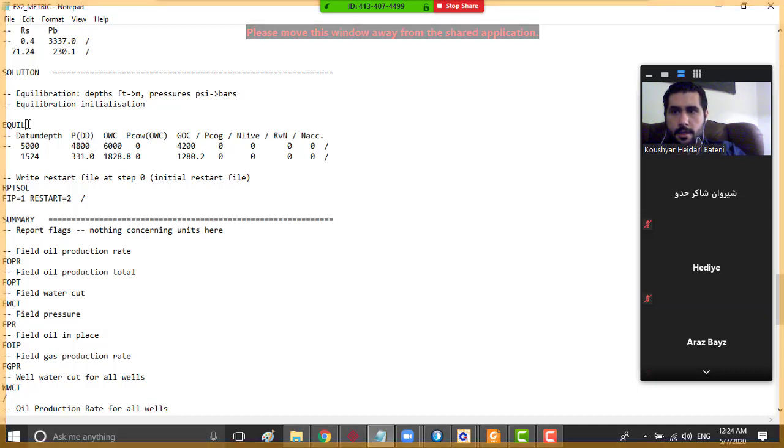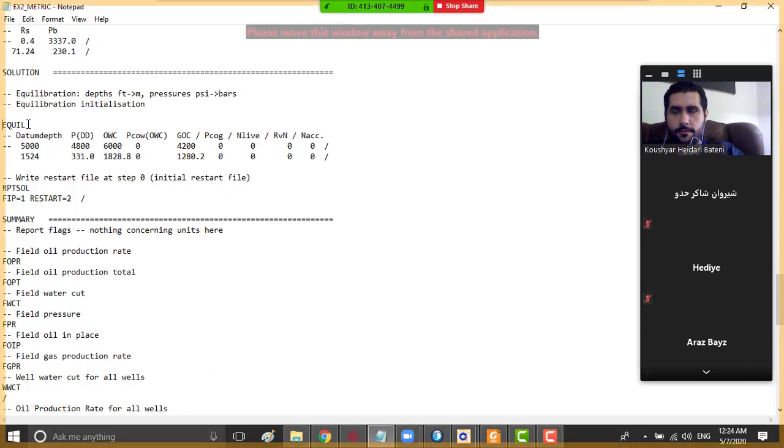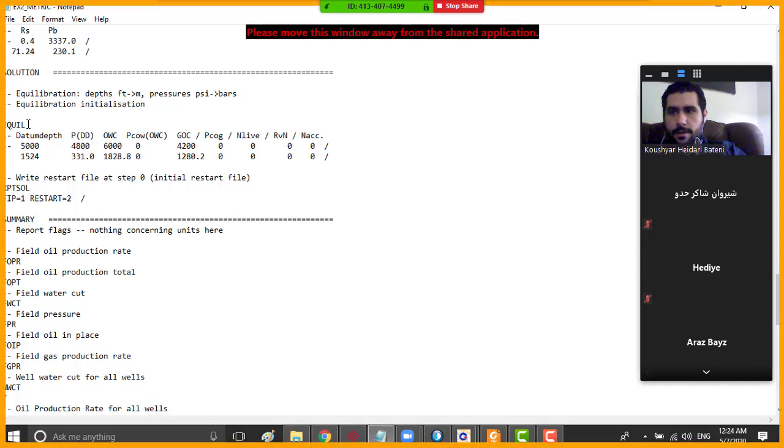Now, equilibrium is the main keyword that you're going to use in the solution section. And that's going to be it for the simulations that we're going to do at our level. Now, after this, the next section is going to be the summary section. And this is a very important section of your data file when it comes to seeing the actual results of your simulation.